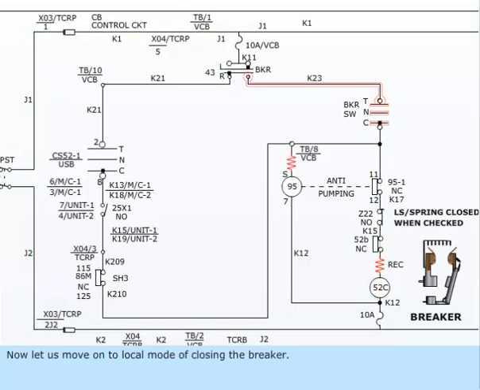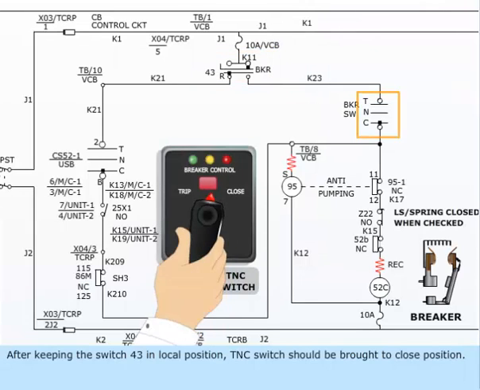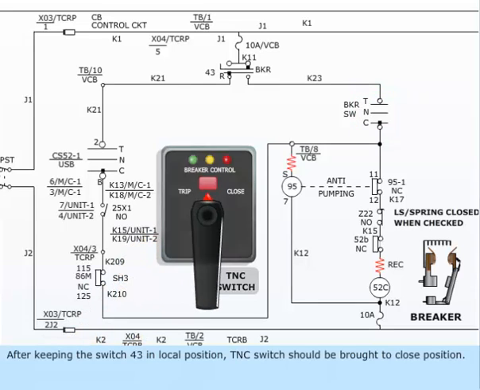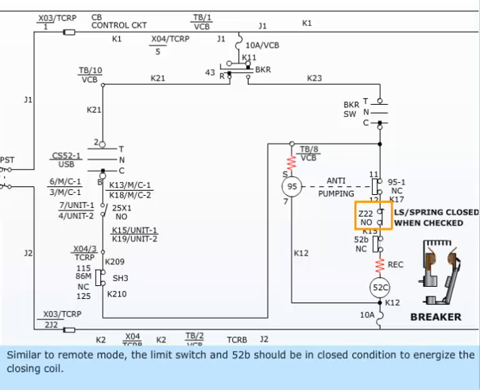Now, let us move on to the local mode of the closing breaker. After keeping the switch 43 in local position, TNC switch should be brought to close position. Similar to remote mode, the limit switch and 52B should be in closed condition to energize the closing coil.